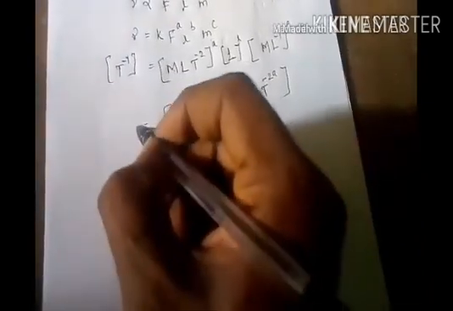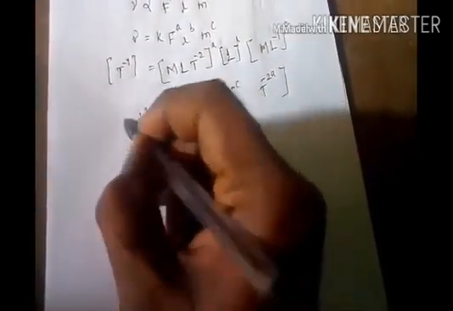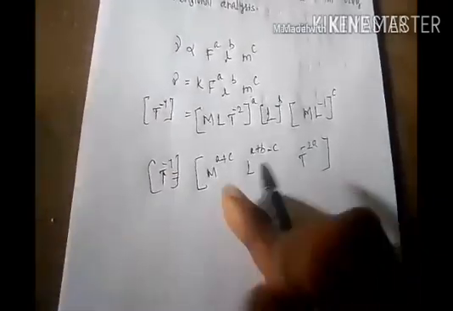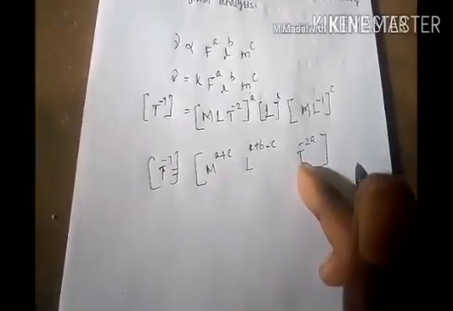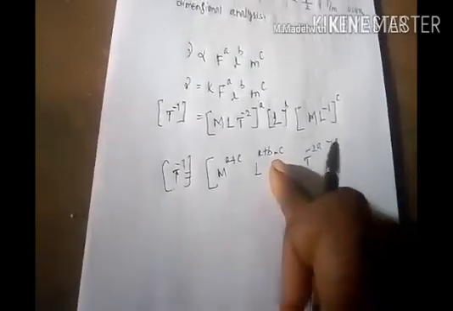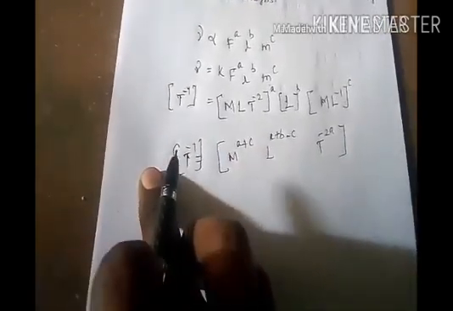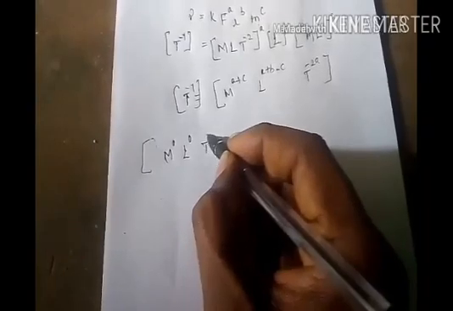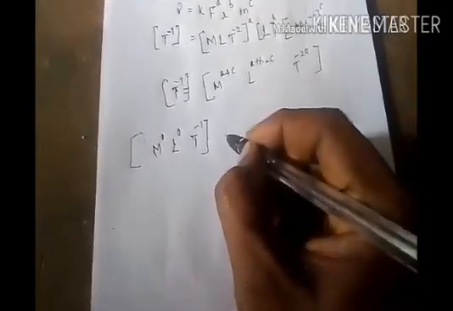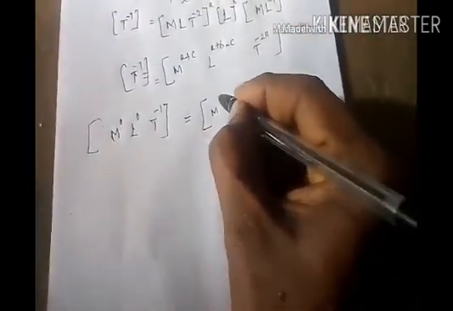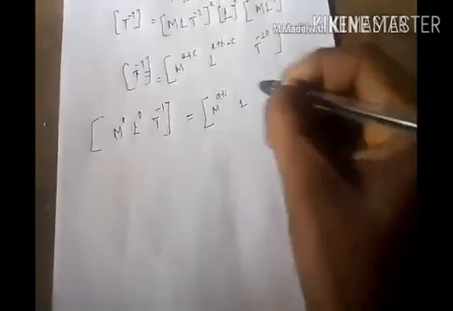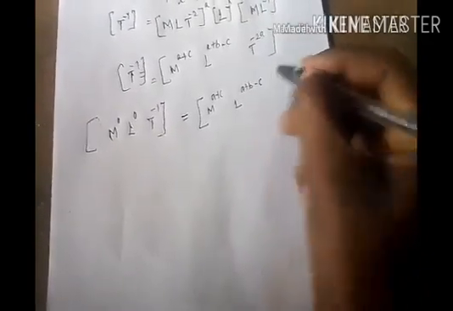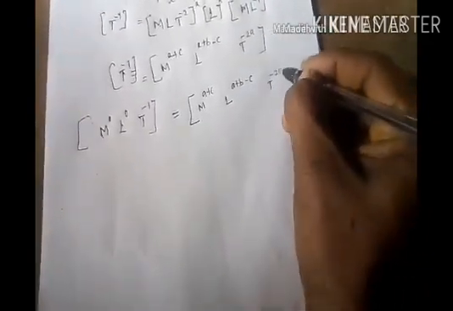On this side, mass, length and time are present. Here only time is present, so there is no mass and length. So here M power 0, L power 0, T power minus 1, I will write. So this is equal to M power a plus c, then L power a plus b minus c, then T power minus 2a.